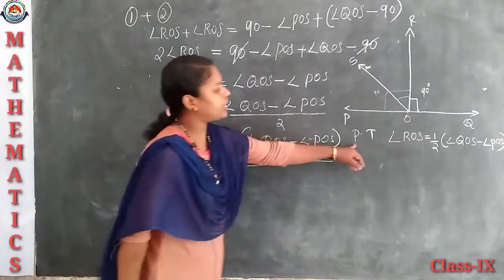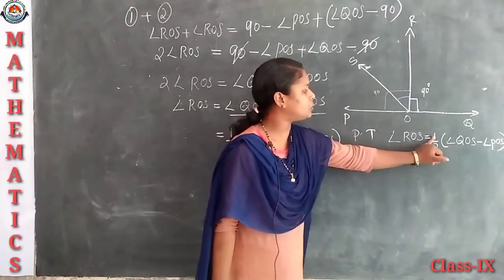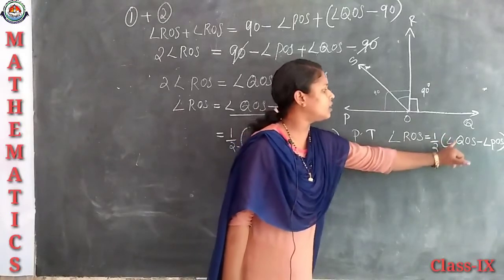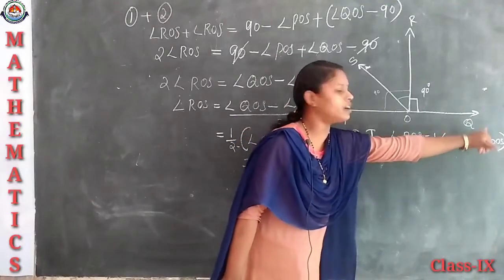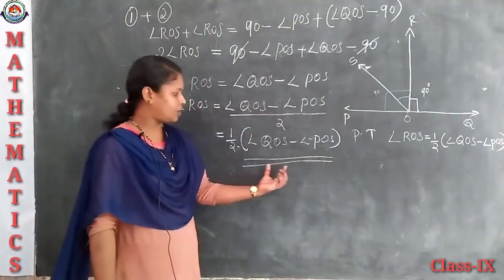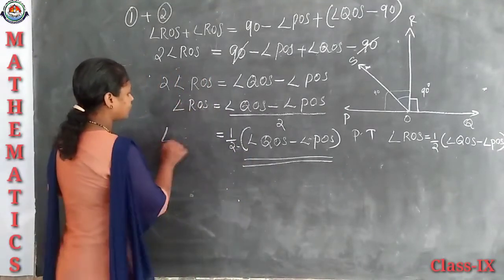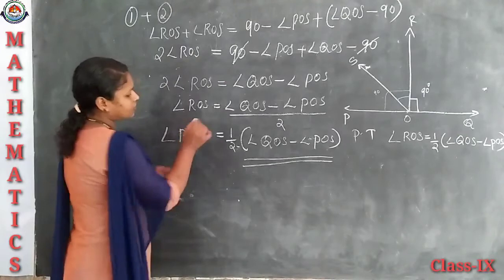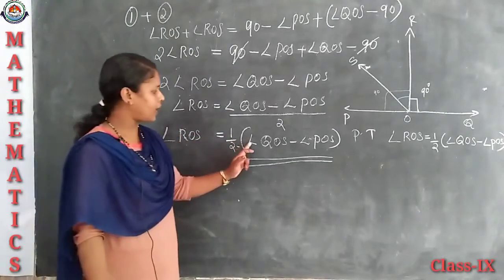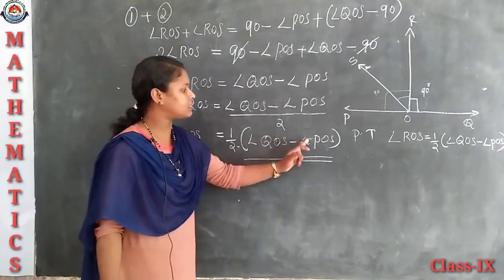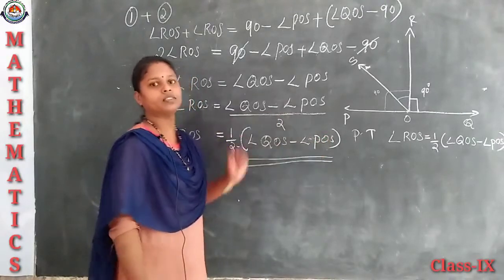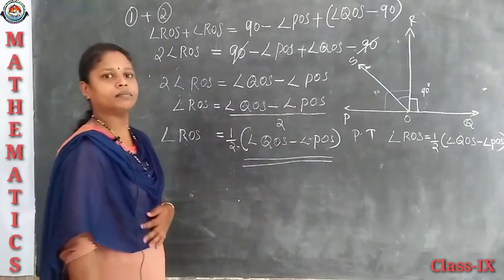We need to prove that angle ROS equal to half into angle QOS minus angle POS, and here we have proved that. I think it is clear.